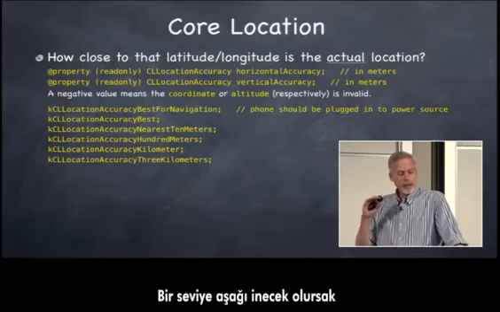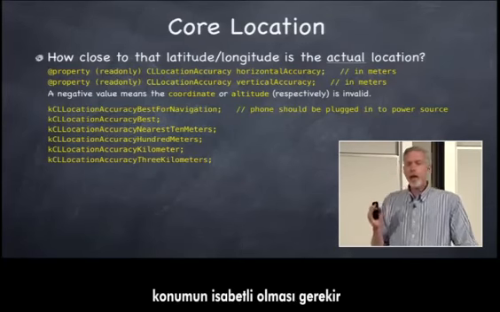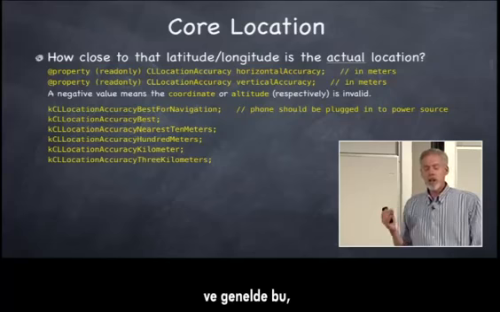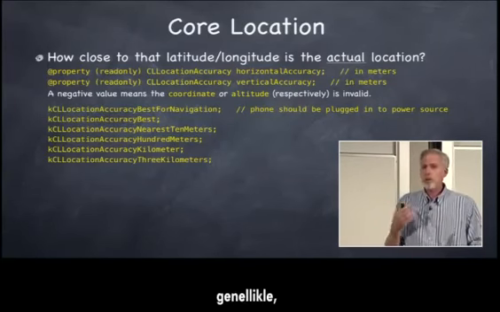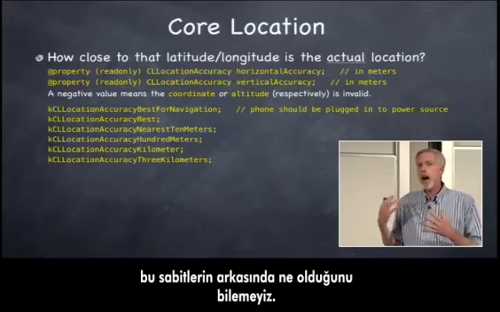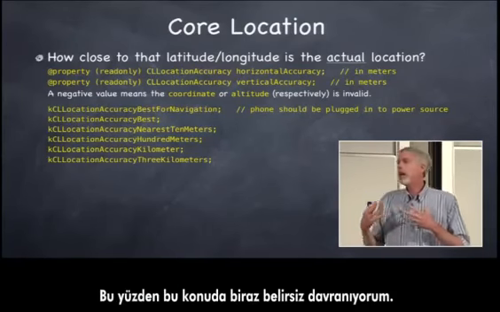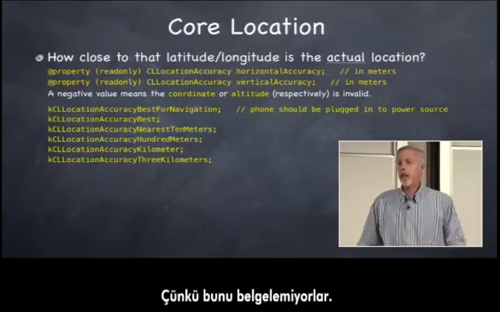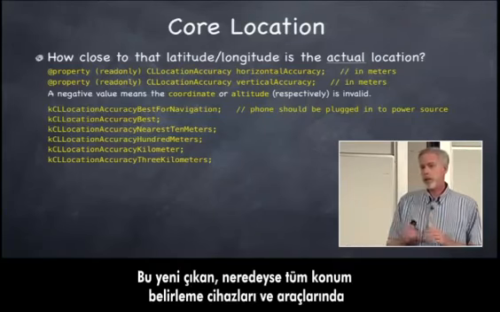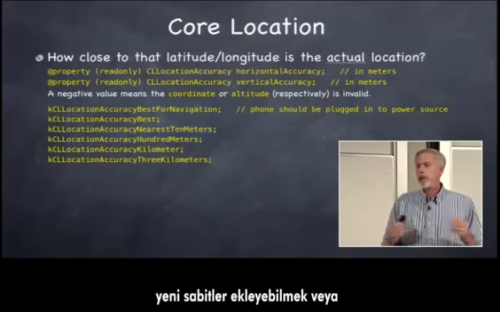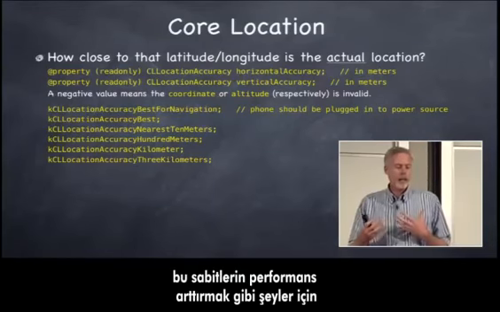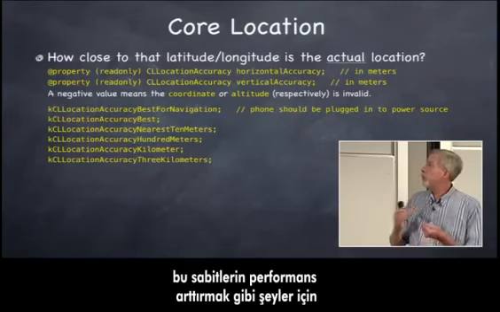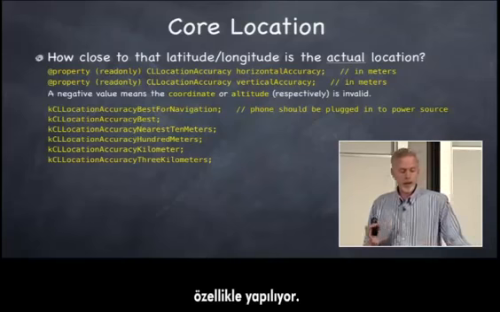Then there's the next level down, which is kCLLocationAccuracyBest, which is generally GPS. But you don't know what's behind these constants, and that's why I'm kind of being vague about it, because they don't document it, and it's specifically done this way so that as new location finding devices and hardware come out, they can add new constants or improve the performance of these constants or whatever.